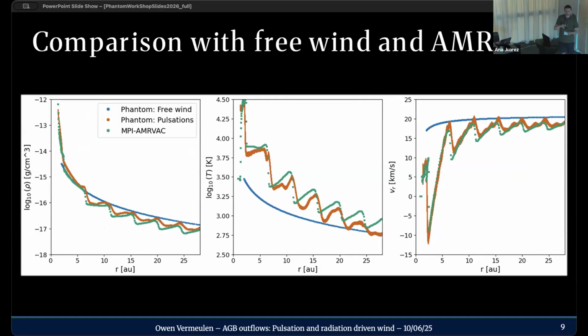So I activate cooling based on whether the particle becomes unbound, and you can actually see right there, cooling is activated. In the grid-based code, that's not an issue. They cool everywhere, so I think that already has an impact. And also the cooling functions used differ very slightly. But in general, I would say that the temperature is quite uncertain in both codes. That's why I like to focus on the radial velocity, because that's a bit more robust.